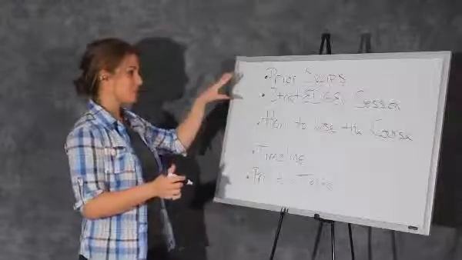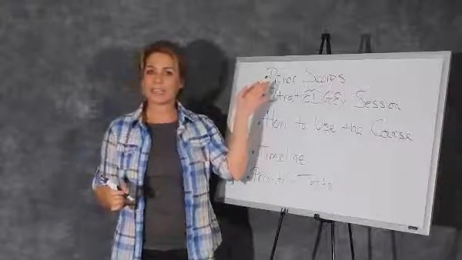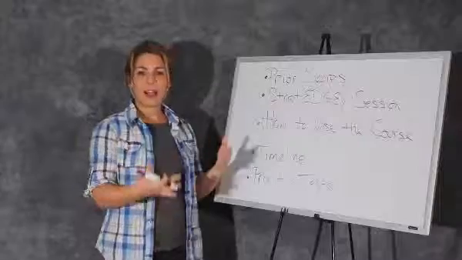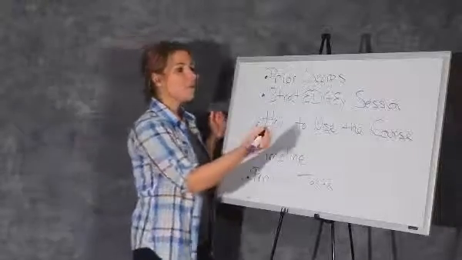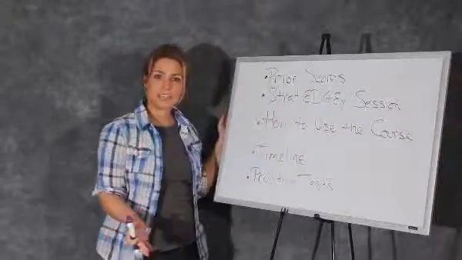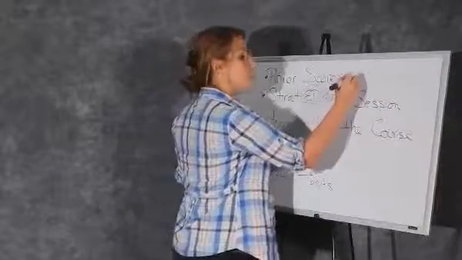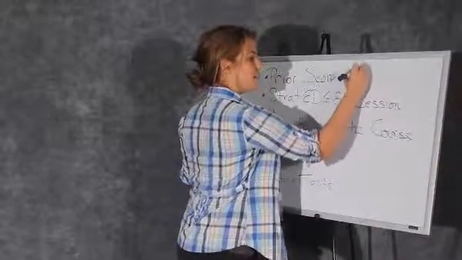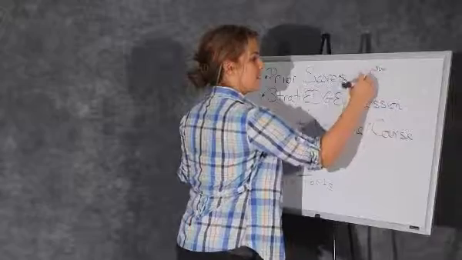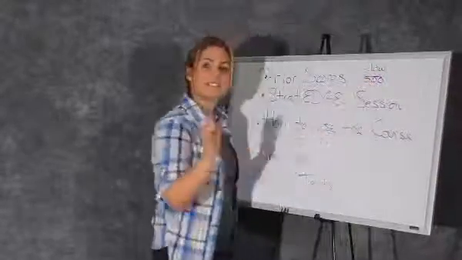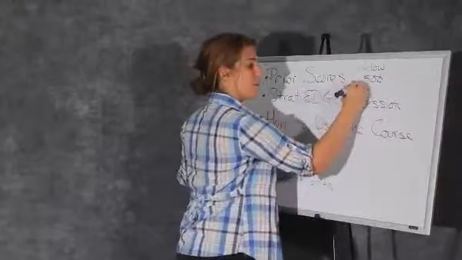So, prior scores. If you have your PSAT score or a prior SAT score, what you're going to want to do is figure out what range you're in. So if you're below a 500, that means that you're in the basic category.